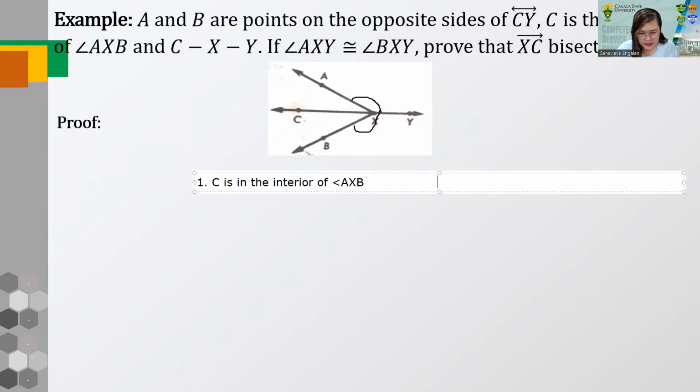So that is given. Next, the second given is angle AXY is congruent to angle BXY. So that is also given.